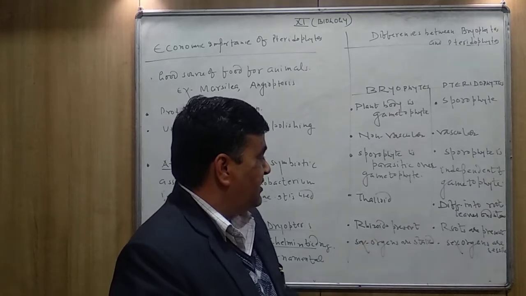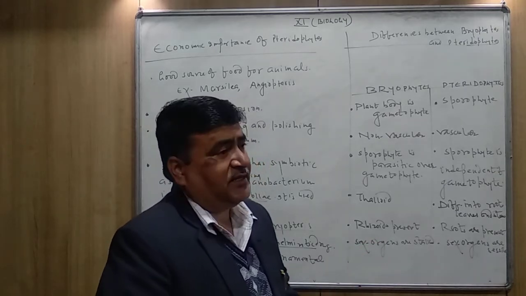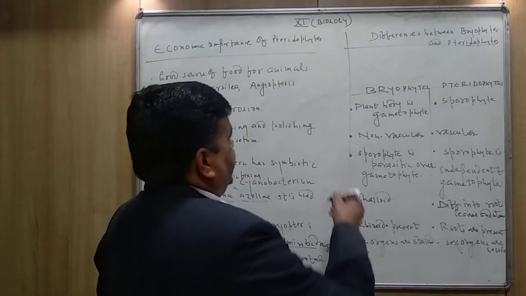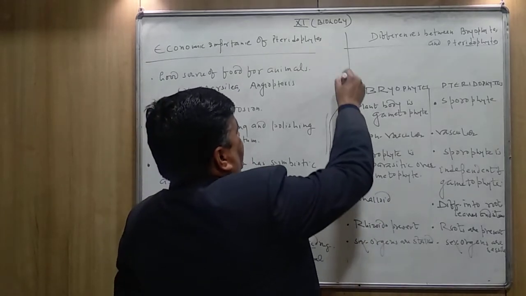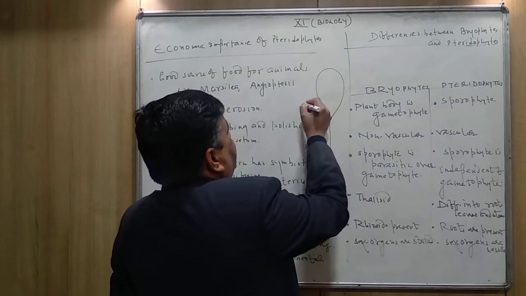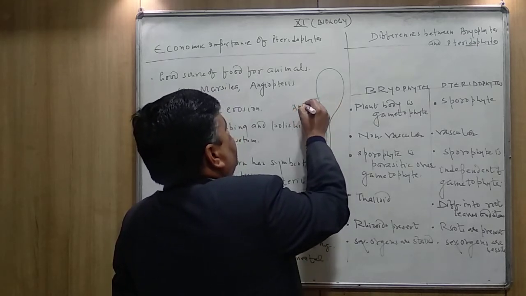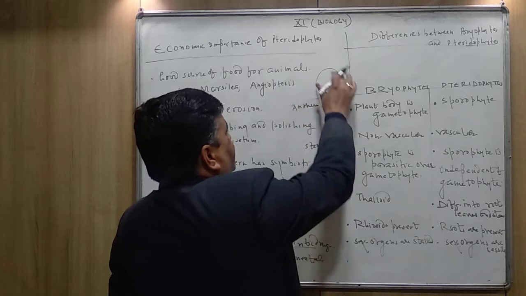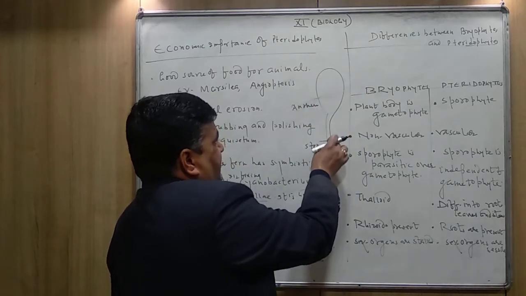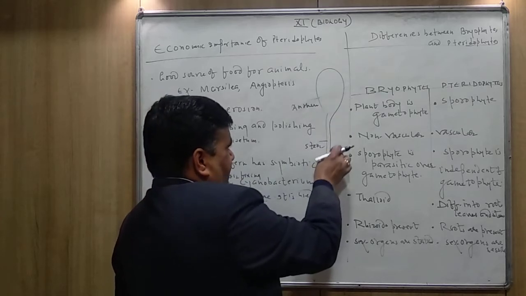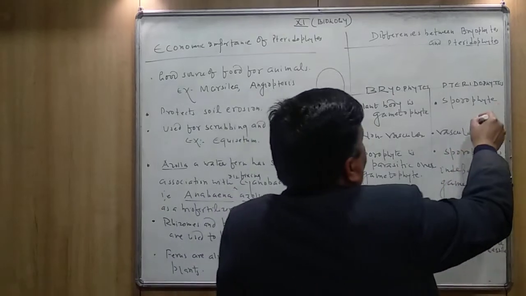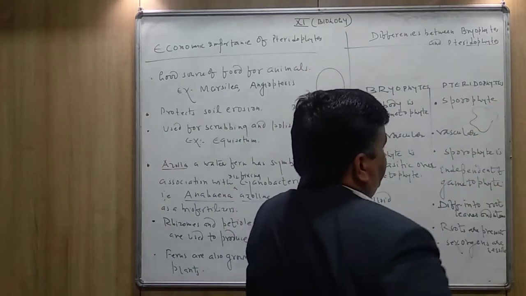Now the last one: the sex organs are stalked. In the case of bryophytes, the sex organ has a stalk-like structure. This is the stalk, and this whole structure is actually the antheridium, but this antheridium has a stalk also, and such a stalk is absent in pteridophytes. There is no stalk.